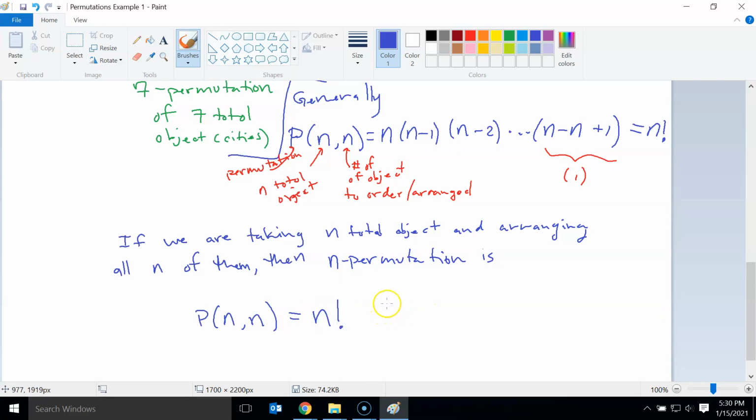So if we are taking all of the objects and arranging all of them, what we are really just finding is a factorial. Okay, and that is all for this video.